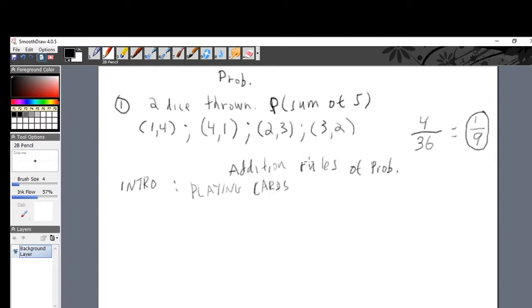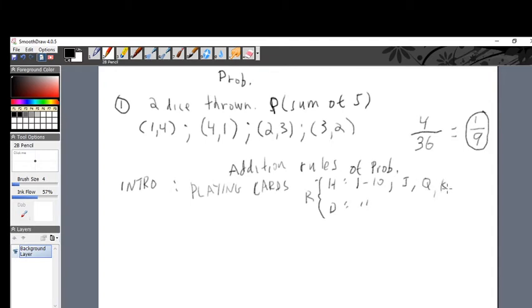Okay, so here it is. There are 2 types of red cards. They would be the hearts and the diamonds. And each of both the hearts and the diamonds have number cards that go from 1 to 10. And then there are picture cards called the jack, the queen, and the king.